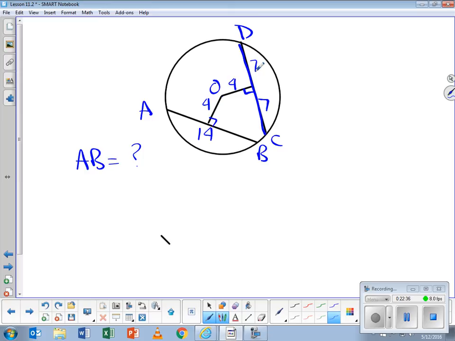Brianna, what do you want to say? Okay. We said that if this is perpendicular, then this segment, from the center, has to be cutting this into equal pieces. And so if this is 7, then that makes that 7.